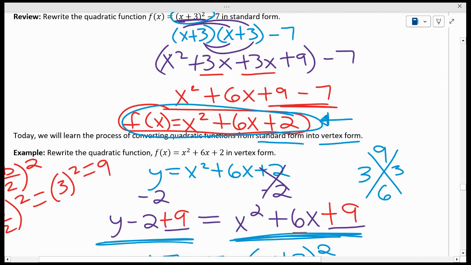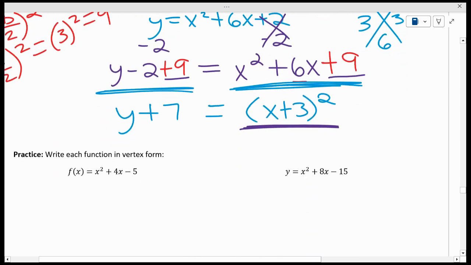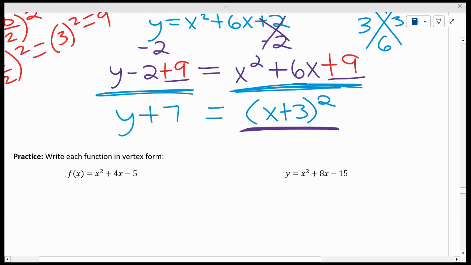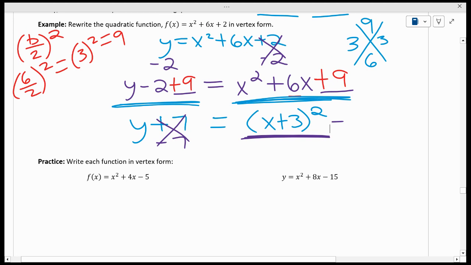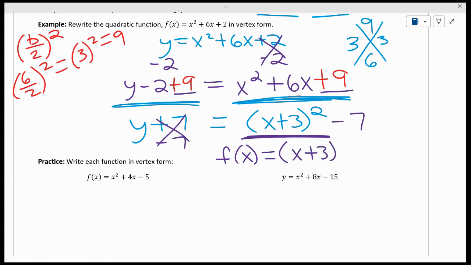So it's adding, so I'm going to subtract. And then I'm also going to change the y back to an f of x. So in this case, my answer is f of x equals x plus 3 squared minus 7.